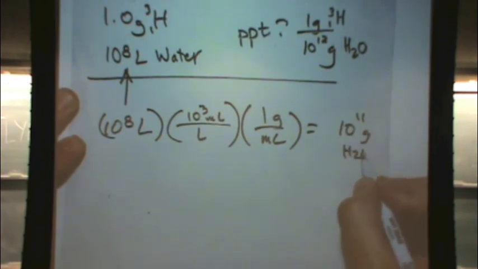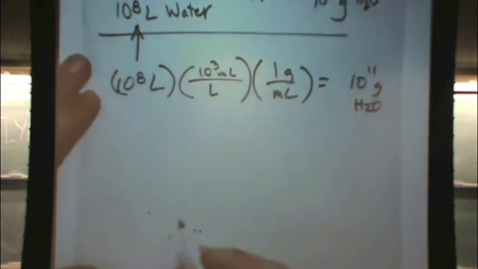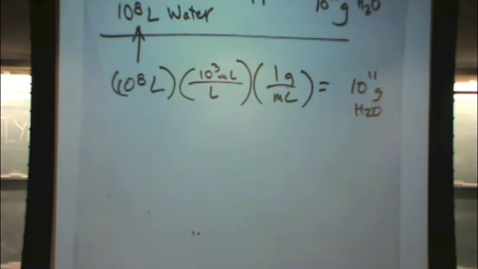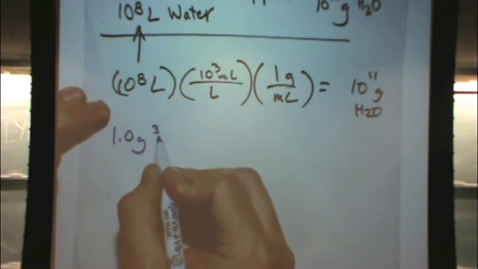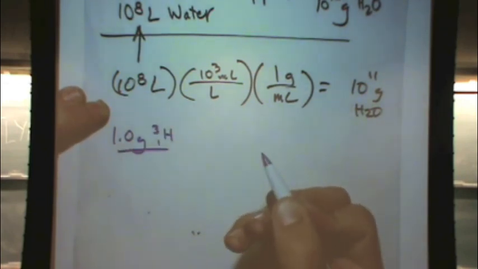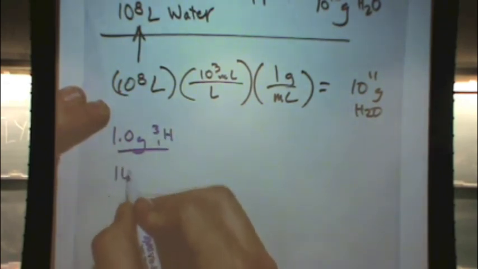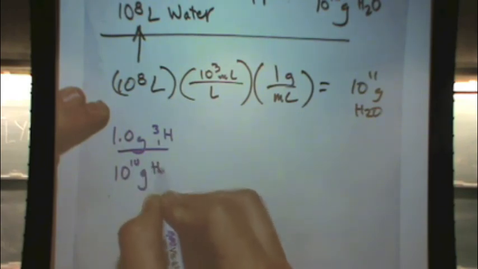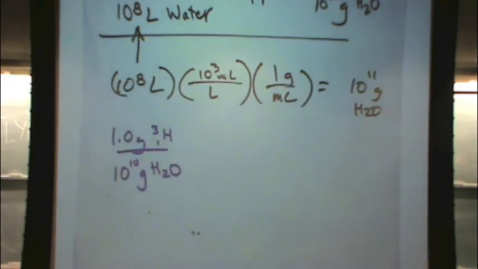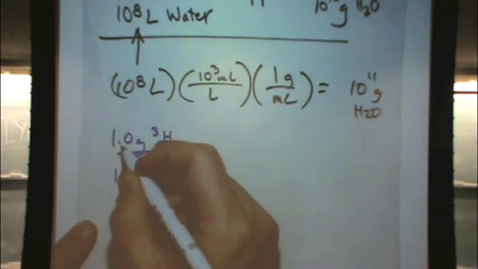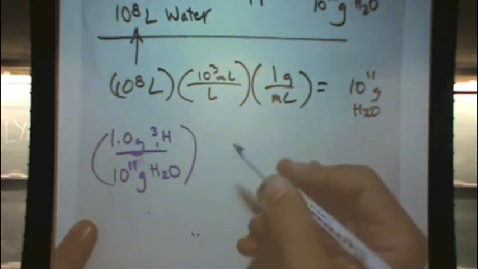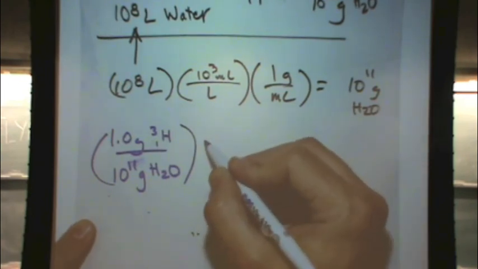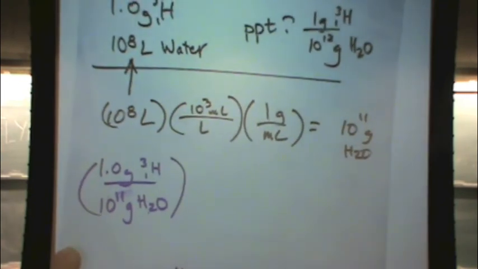Grams of water. So now, this is how I do these kind of problems. I would say, well, there's 1 gram of tritium given, divided by the amount of water given. Oh wait, 11? How do I change that? Okay, there. And then I'm going to multiply by 1.